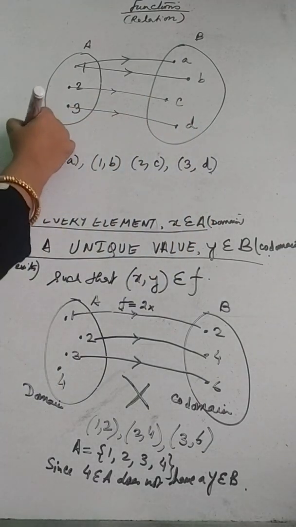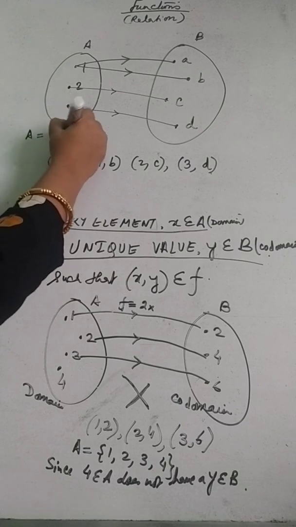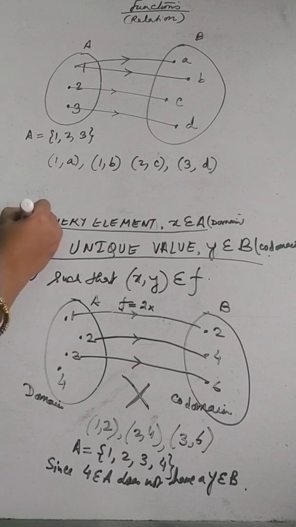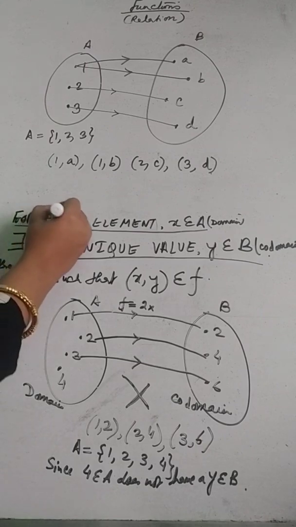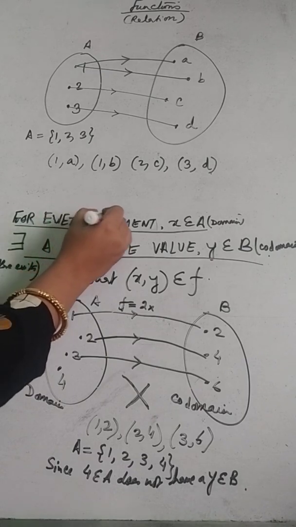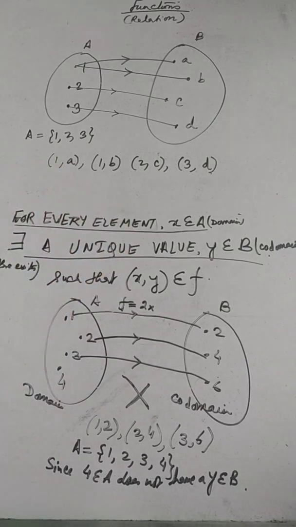Here notice, the domain is 1, 2, 3. All the elements are being used up. So the first condition is fulfilled. What is the first condition? That for every element x belonging to the set A, there must be a unique value y belonging to the set B. So the first criteria is fulfilled, that every element has been utilized.